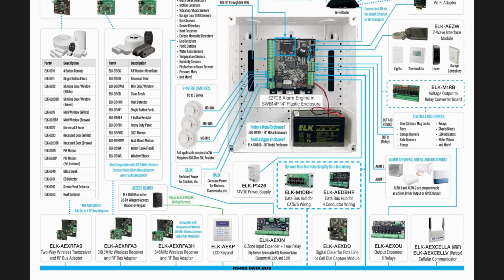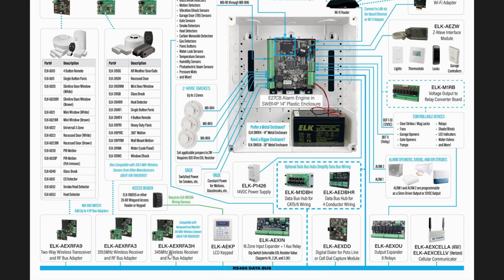Alrighty, so how all that fits together and how you expand the system. Again, I talked about your inputs first there. If you're expanding more inputs, you would utilize the 485 bus to tie that expansion module in, and that would give you an additional 16 hardwired inputs. Let's say you need to expand to a 345 wireless receiver.